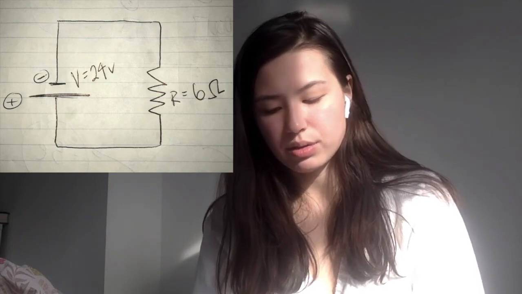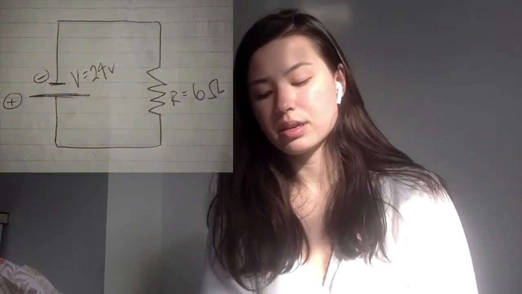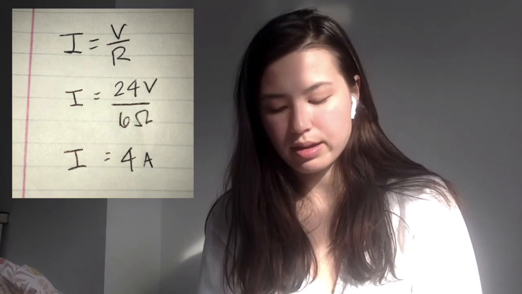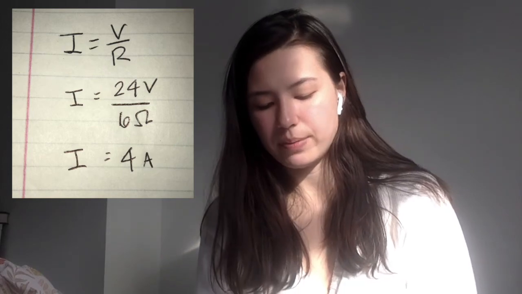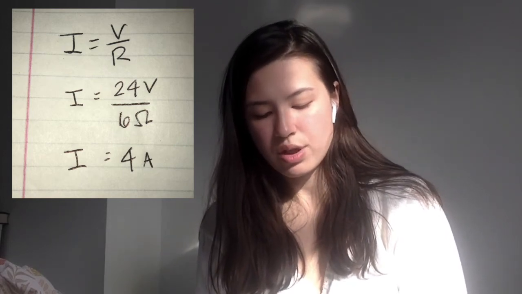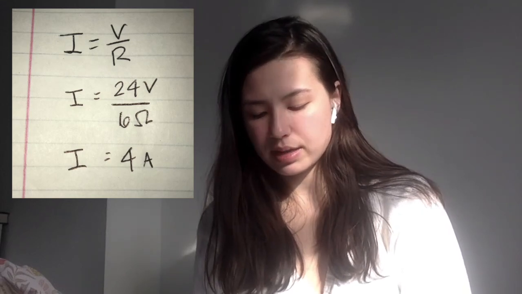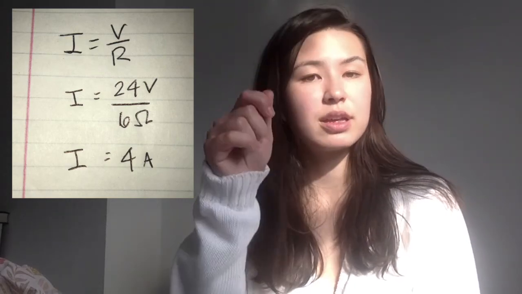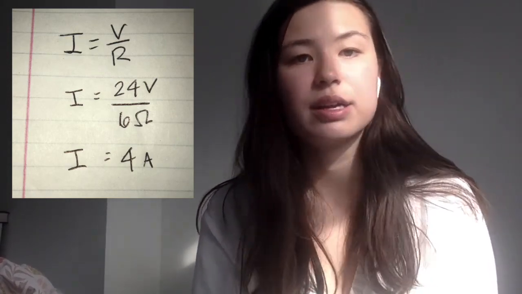Okay, so I want to know what is the current of my circuit? So I'm going to use the second form of Ohm's law, stating that I equals V over R. I can plug in my voltage, 24 volts, over my resistance, which is 6 ohms, and I'm going to get 4 amperes. So amps, that's going to be our unit for current, and we use a capital A to symbolize amps.